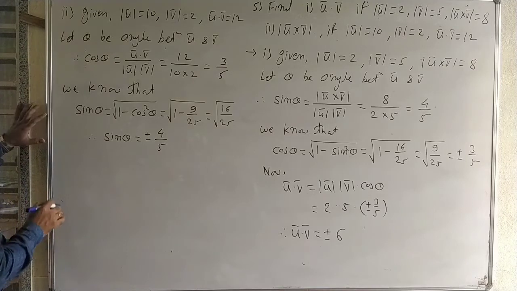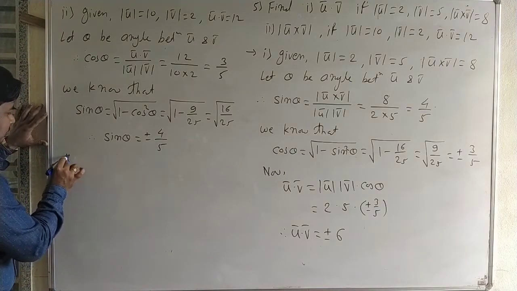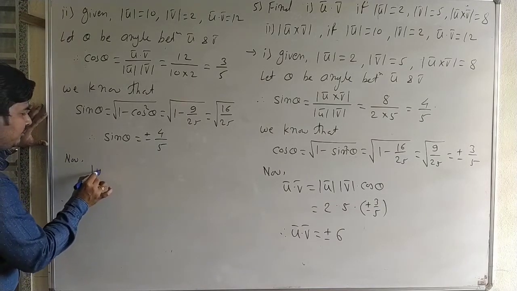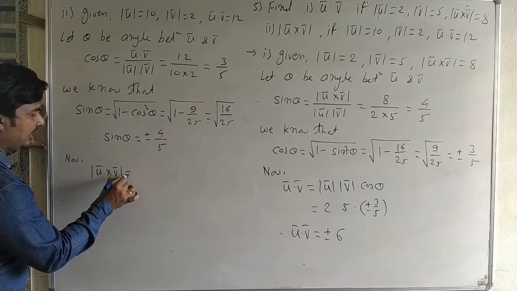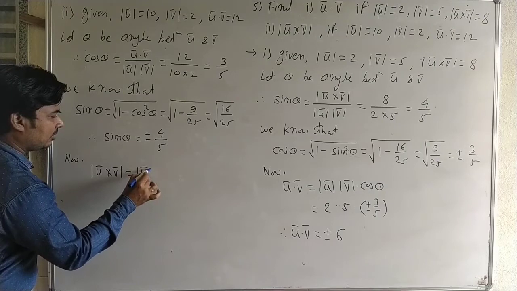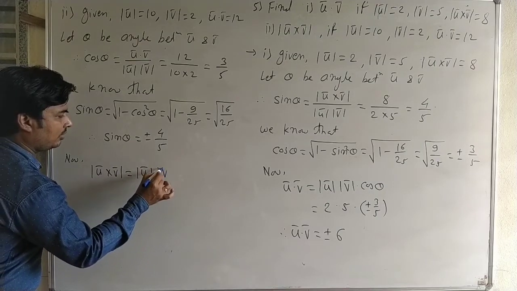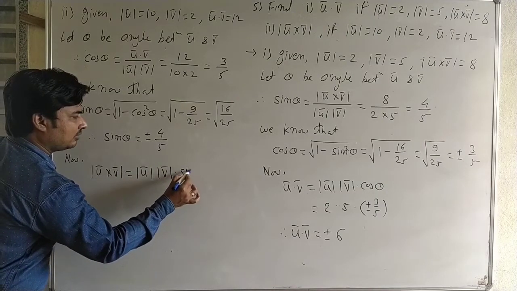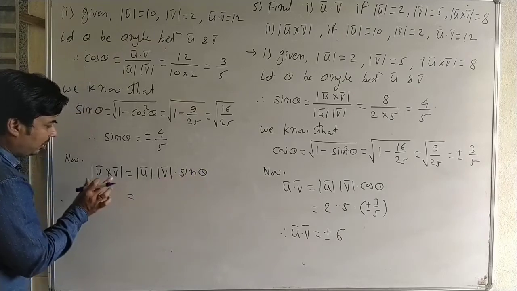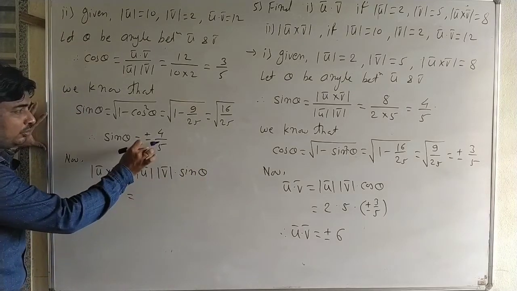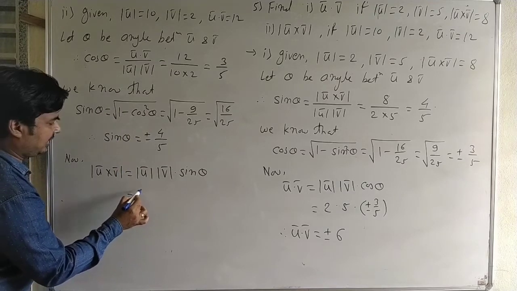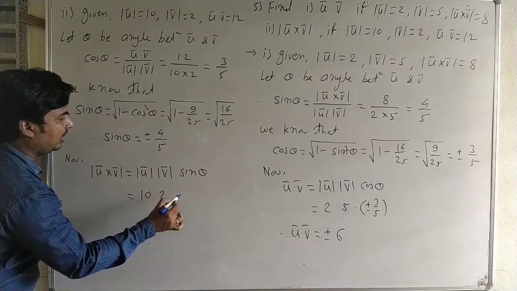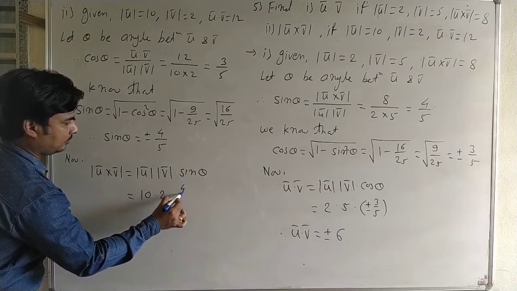Here therefore we want to find the magnitude of u bar cross phi bar. It is magnitude of u bar into magnitude of phi bar into sin theta. Here we want to find the magnitude, therefore we take only the plus value. Therefore magnitude of u bar is 10 into 2 and into 4 by 5.